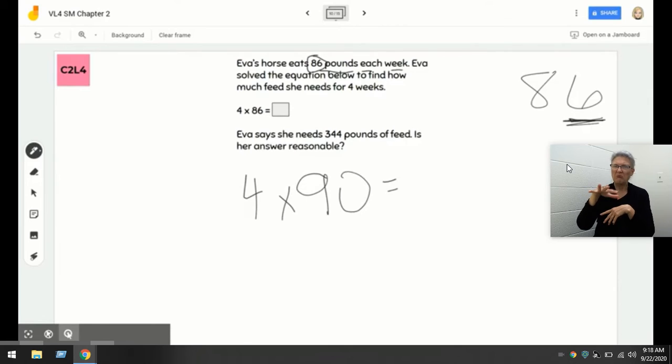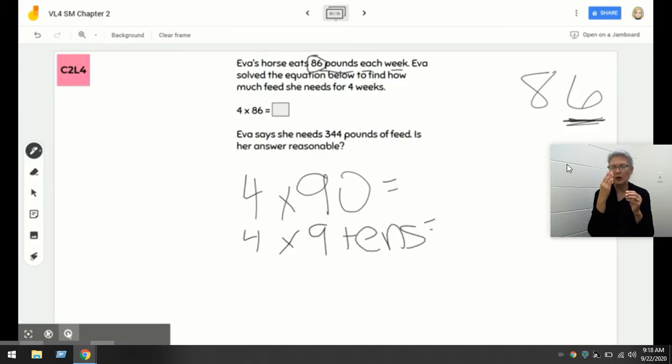Well, I know that 4, and I'm going to rewrite it actually as 9 tens. It's the same number. We've learned that in place value. 4 times 9, well, what's 4 times 9, you guys? Help me out. 36.